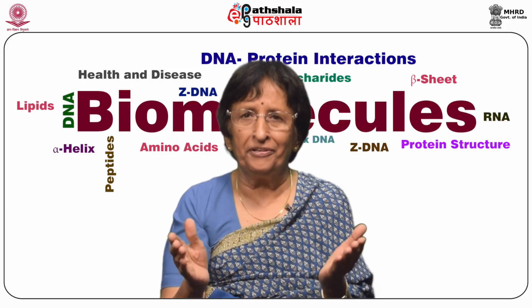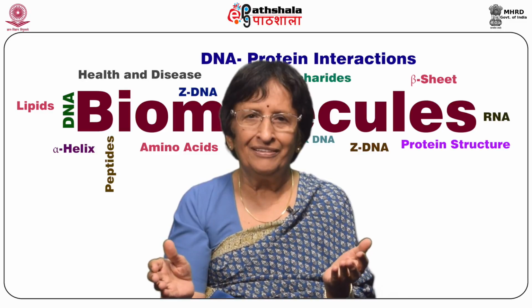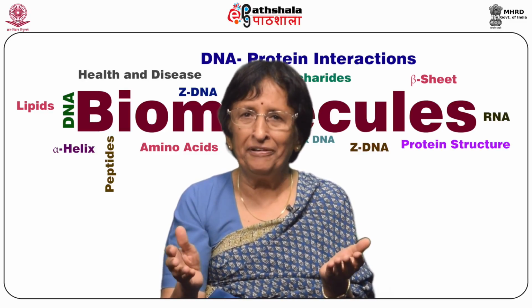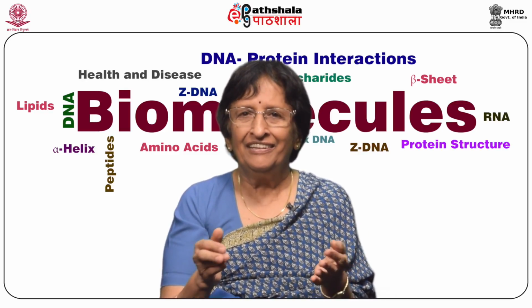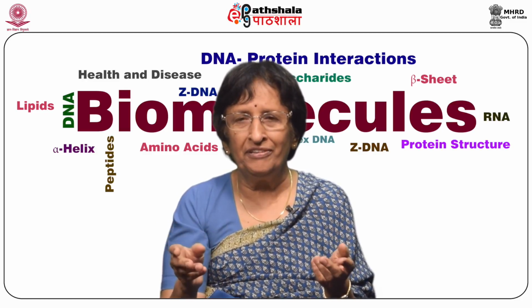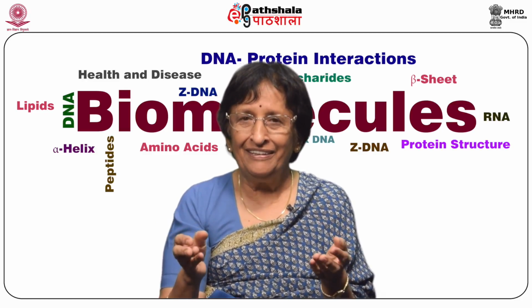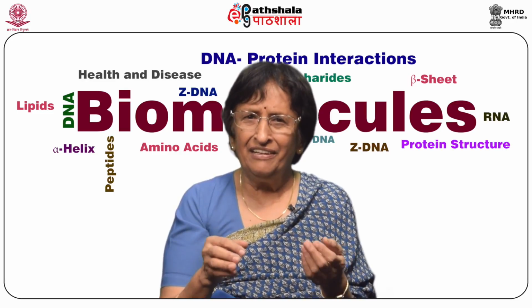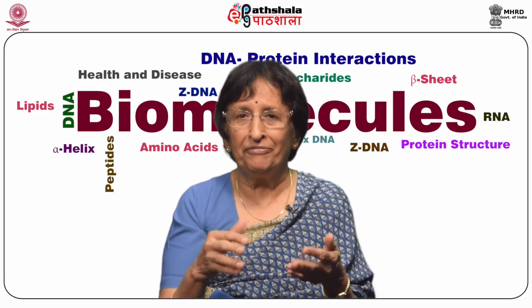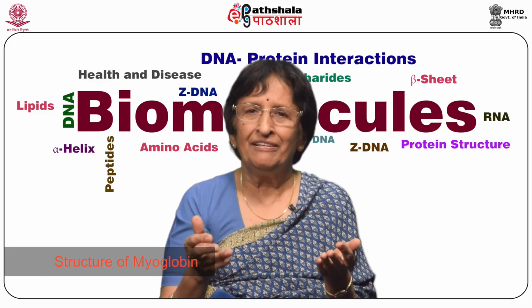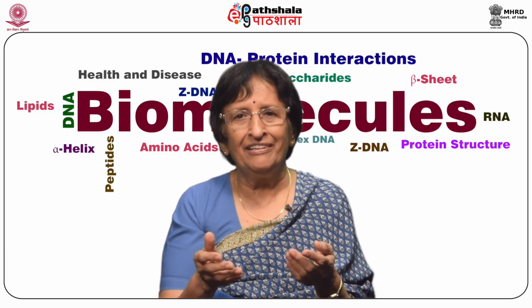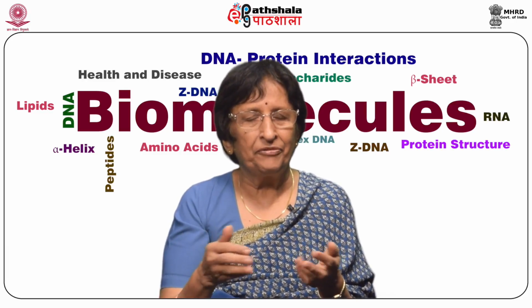What is the importance of the Ramachandran plot? The first important thing is that the first Ramachandran plot was plotted in 1963, very soon after the first protein structure, myoglobin, was discovered in 1960. It was great.